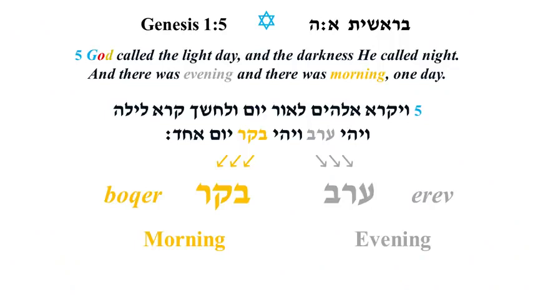And then just 3 verses later in Genesis 1:5, it says, God called the light day, and the darkness he called night. And there was Erev, and there was Boker, one day. Erev is evening. Actually, Erev is something like it's obscure, it's dark and hard to see, and it's used to mean morning or evening.